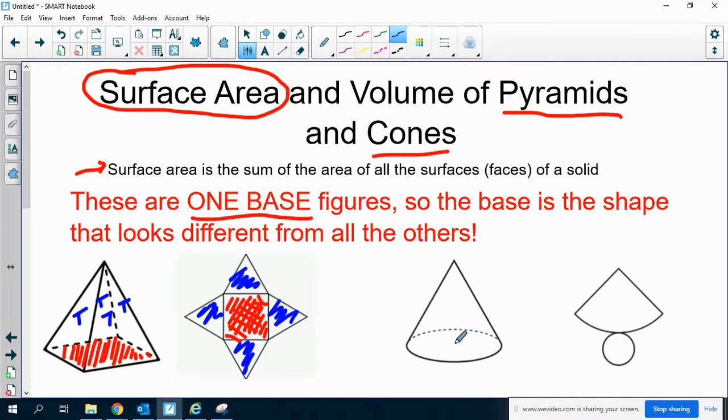In a cone, my base is a circle. So as I unfold this, I have the circle, and then I have something that's not quite a triangle, but in practice, we basically end up treating the area of this kind of like it's a triangle. I mean, it's clearly not a triangle, but it's kind of close to a triangle.